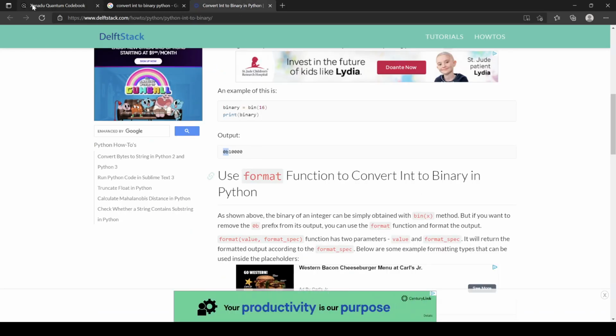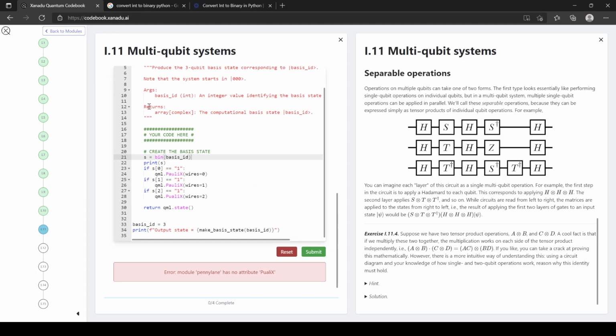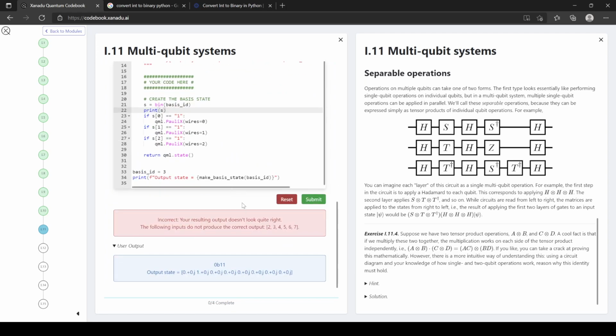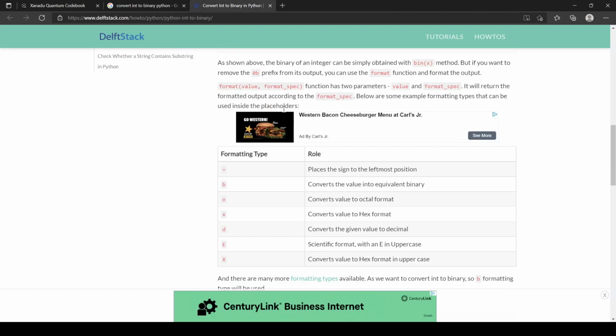Bin does give that 0b, right? Why can I not? Oh, here we go. It's because it doesn't convert it to a constant number of bits.